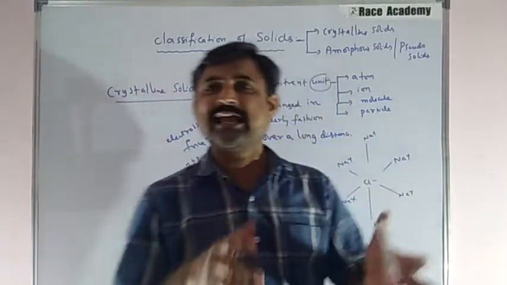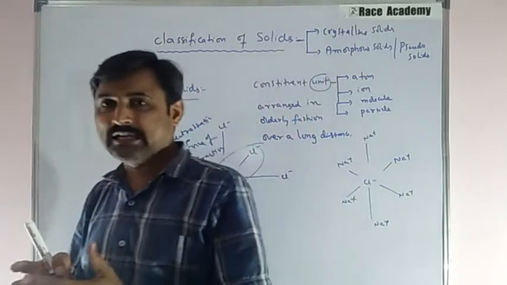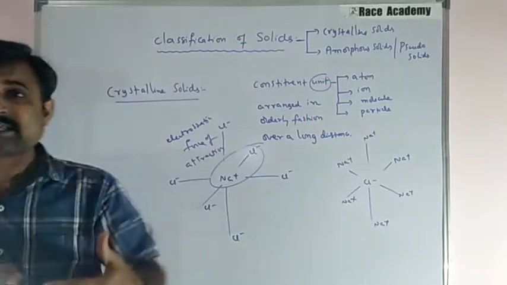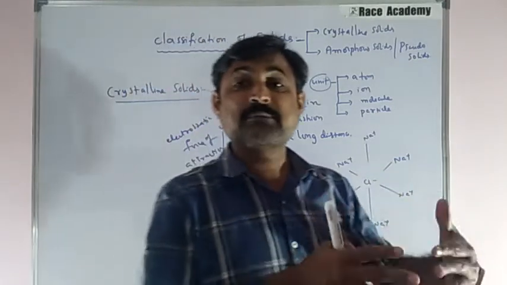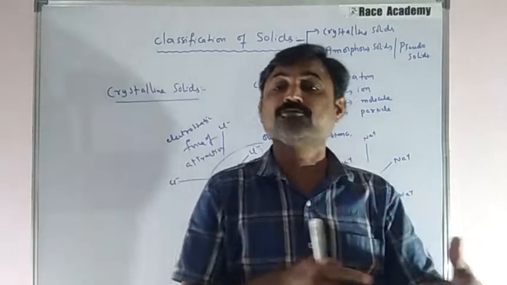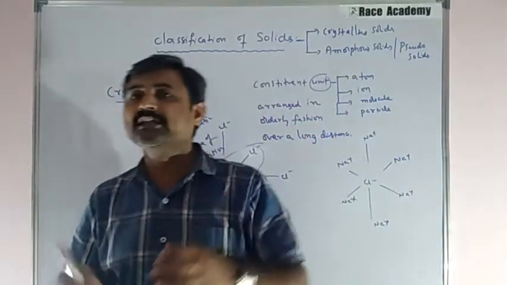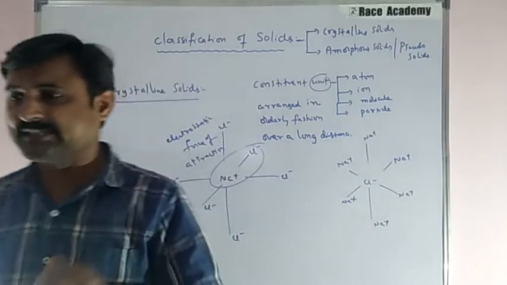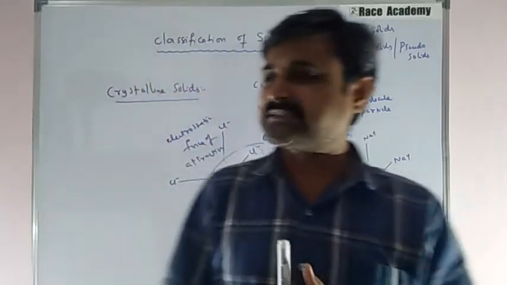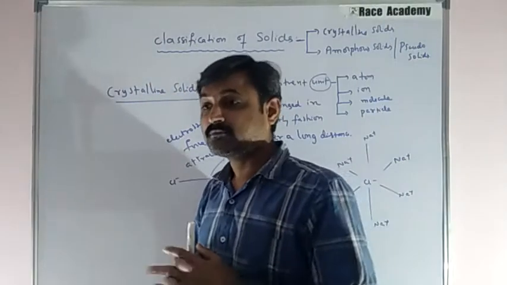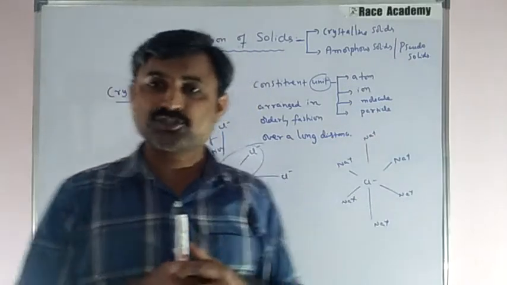So you can understand that the force of attraction between the constituent particles in crystalline solids is responsible for the systematic, orderly arrangement of the particles. That is strongly holding the particles together. Therefore, constituent particles of a crystalline solid don't have any translatory motion.